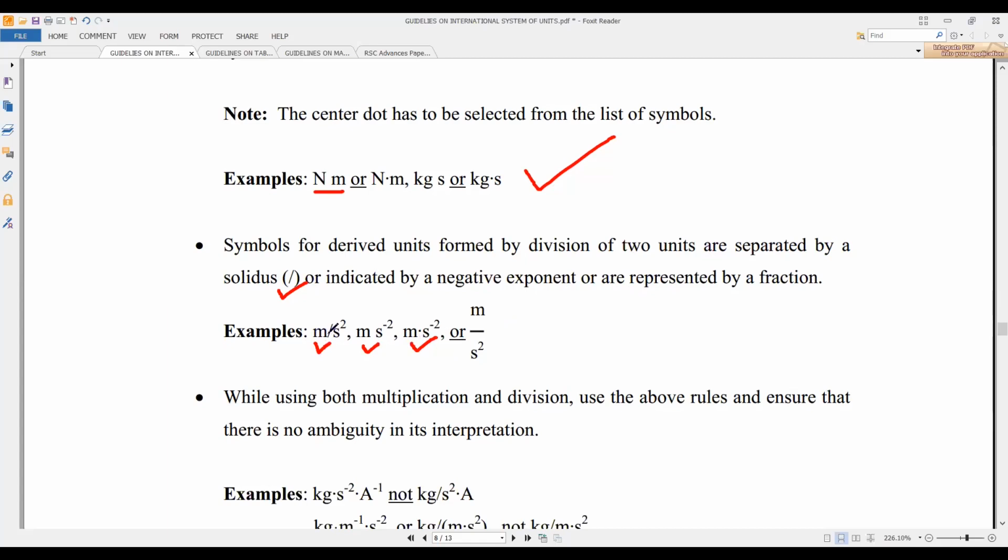This is solidus, meter per second square. Even if you want to write the negative component as an exponent, then meter space second to the power minus 2, m dot second to the power minus 2, or you can write like this, right? Generally we go with this.